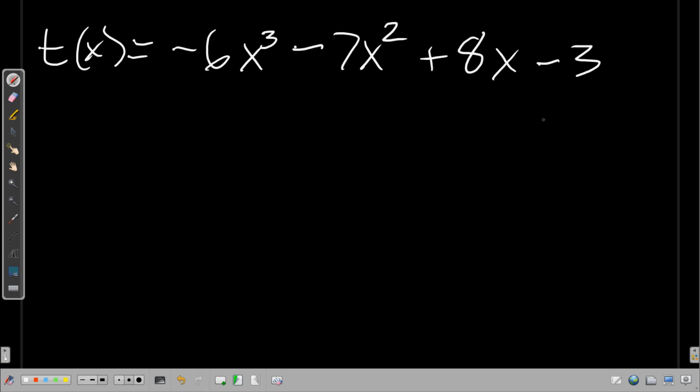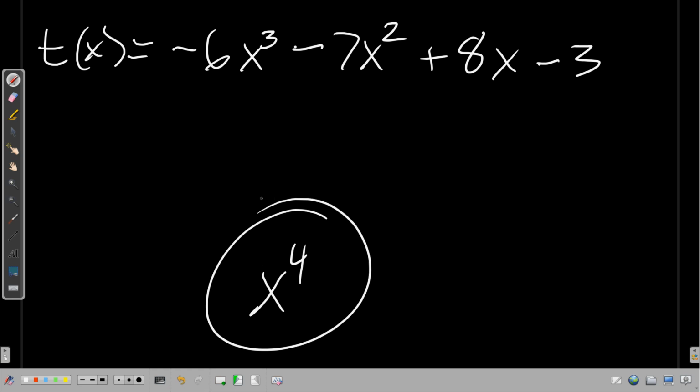And even what I just said is not entirely true. An odd degree polynomial where the degree is 3 or higher will have an inflection point, because you could have an even degree polynomial like x to the 4th. This doesn't have an inflection point, I don't think.